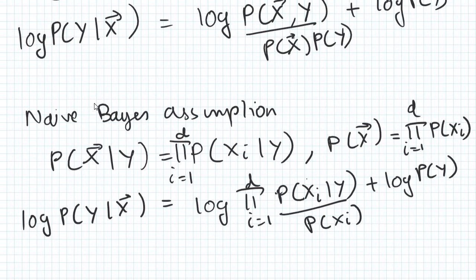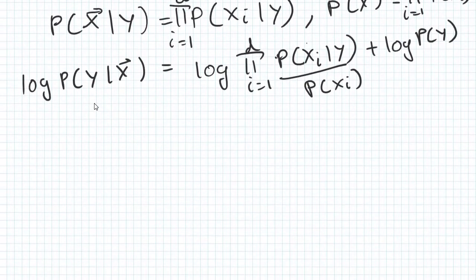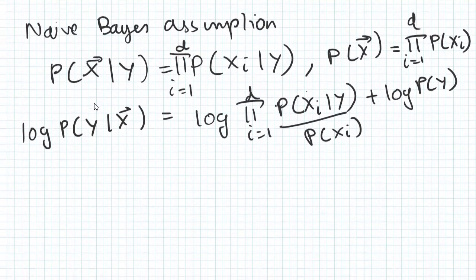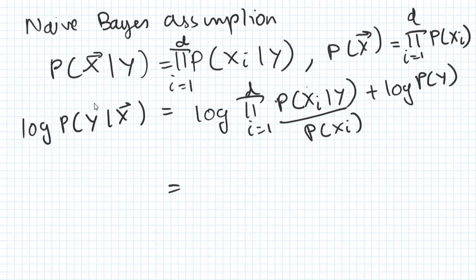These two are not equivalent assumptions, and neither one implies the other. This is the independence assumption, and this is the conditional independence assumption. So we have the log of the product, and we have a sum here. We can write this term as a sum from i equals 1 to d, since the log of a product is equal to the sum of the logs.